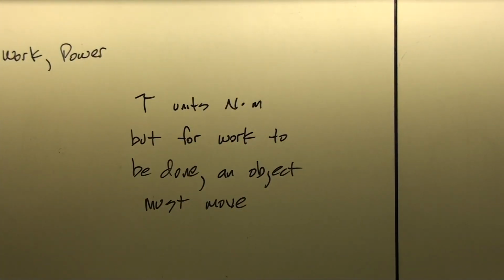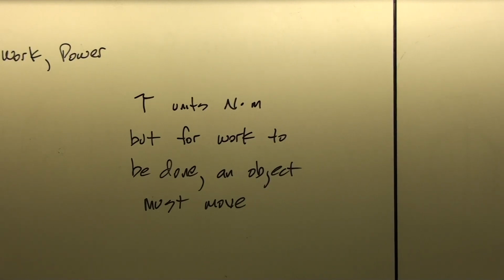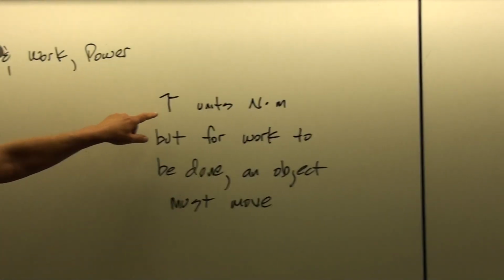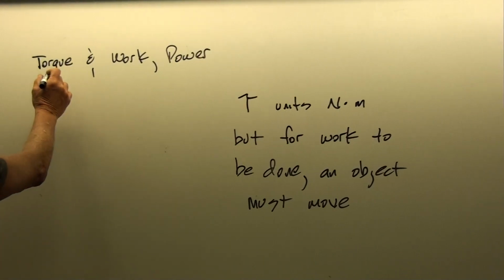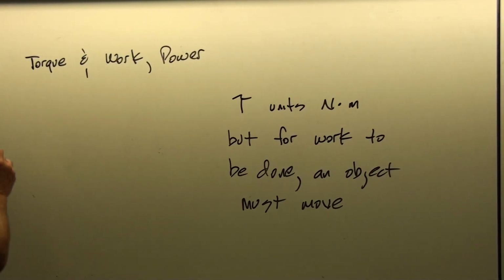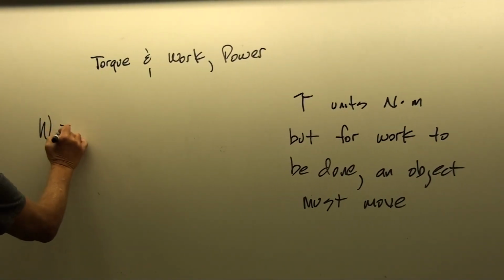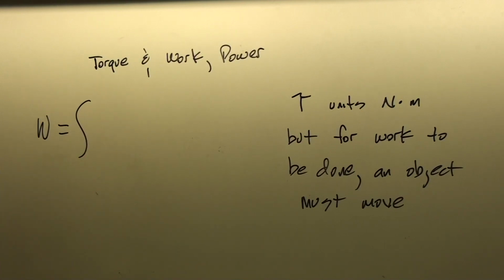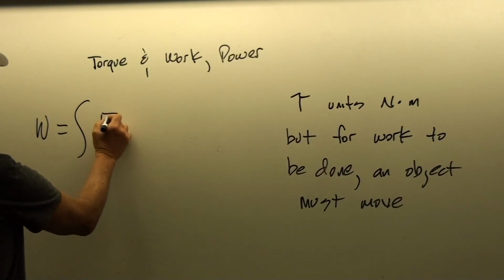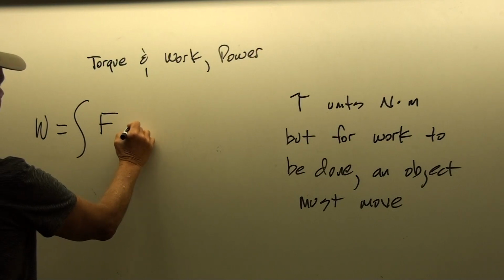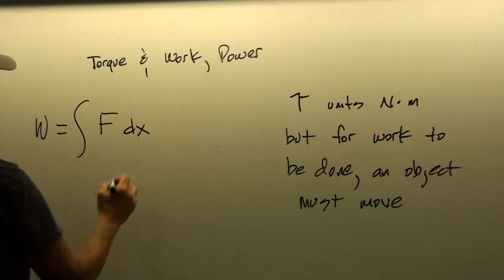And so if we are to try to understand how to do work with a torque, I think perhaps the best idea is to go back to our basic definition of work as force through a distance. So that's the integral of F dx.